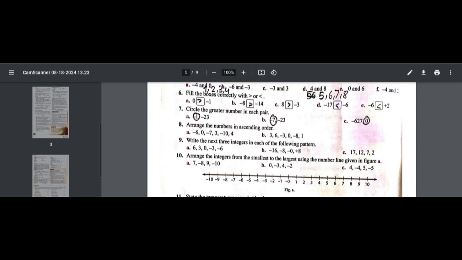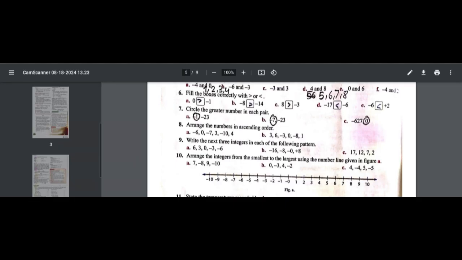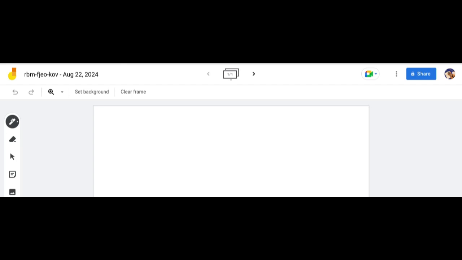Yes, just like this. Can you represent A, B and C separately on each number line? You have to draw the number line, then you have to complete it, all 3 parts of question 10. Just like this.